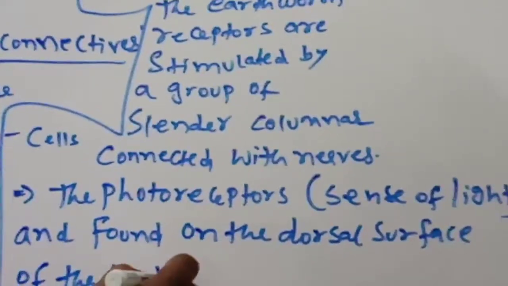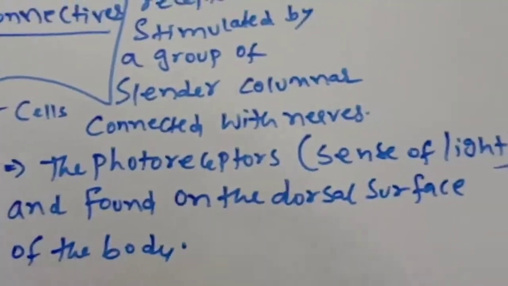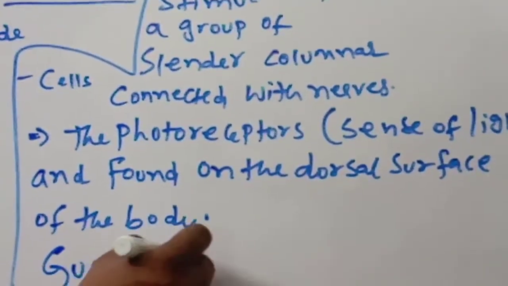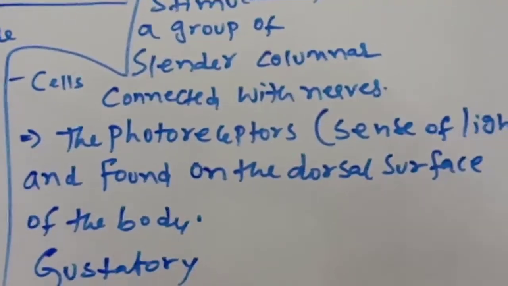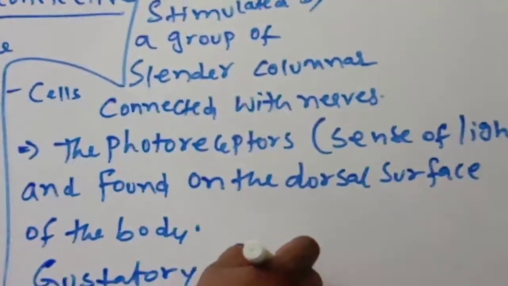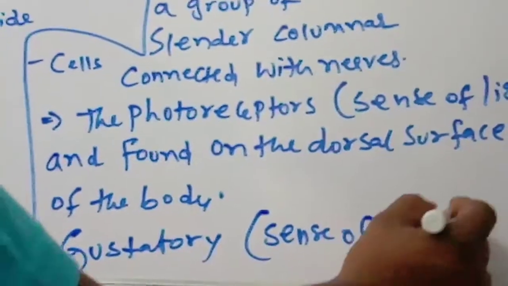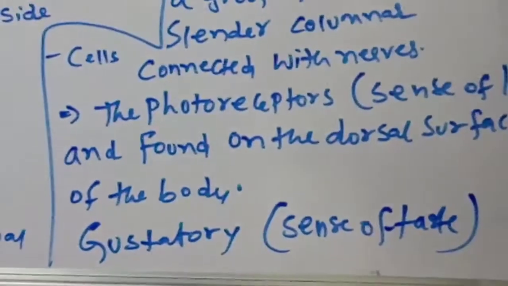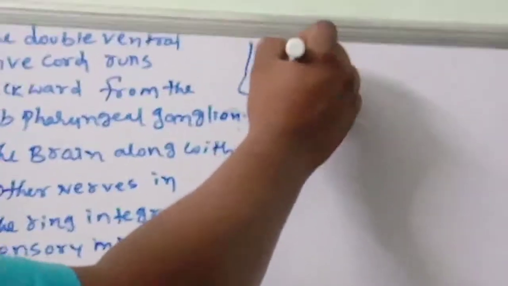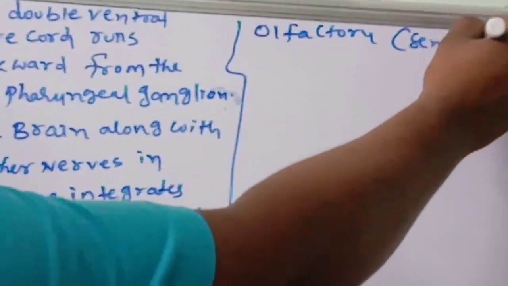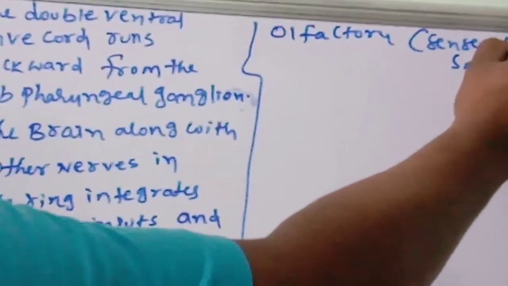Okay children, next, gustatory receptors, very important, sense of taste. Next, most important point, olfactory receptors, sense of smell.